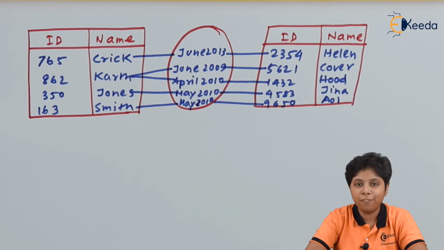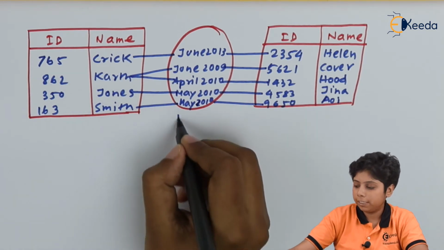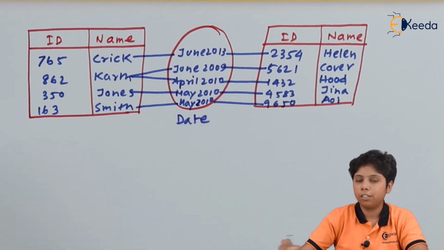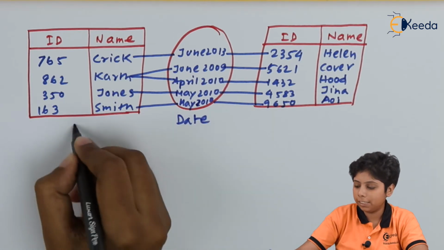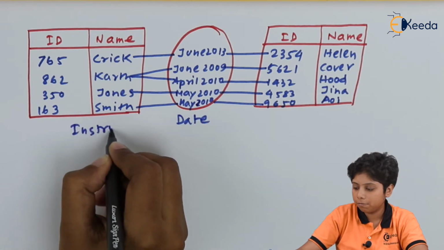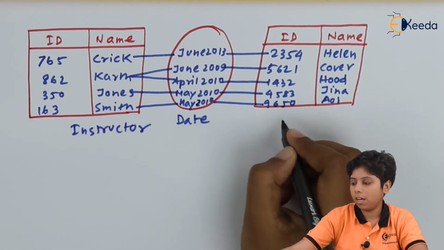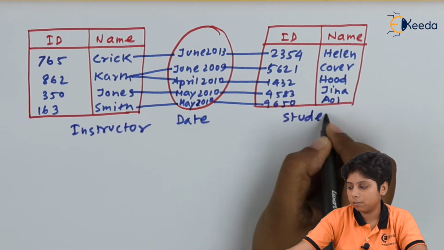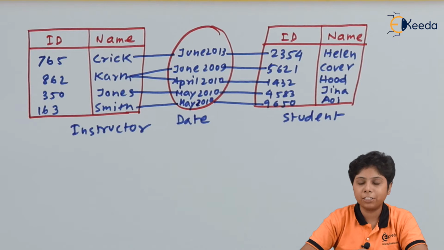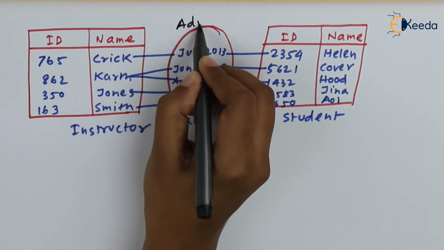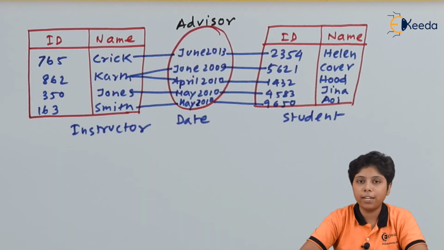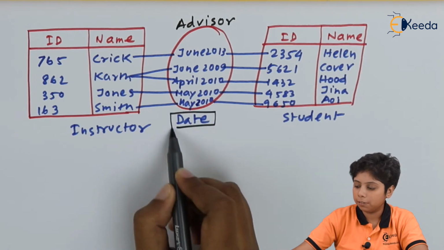See that I have added the attribute date to the relationship between the entities instructor and student.